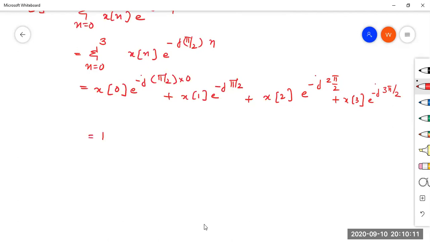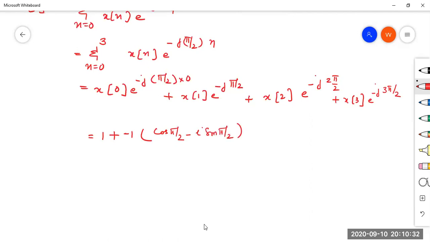What is the answer for this one? 1, since x of 0 is 1. So 1 into, this is 1 again. So 1. Now x of 1 is minus 1 into e raised to minus j pi by 2, which can be written as cos pi by 2 minus j sin pi by 2.